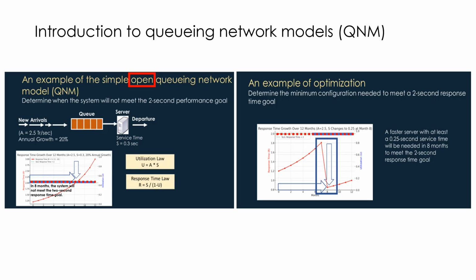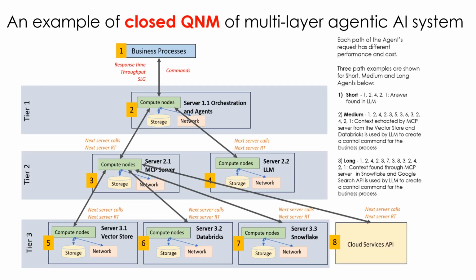In agentic systems, intelligent agents generate requests circulating across layers, visiting different components of the system multiple times, which affects performance and cost. Let's review an example illustrating that. This time diagram shows an example where 3 agents work concurrently to manage the same business process, which has a 15-second response time service level goal.